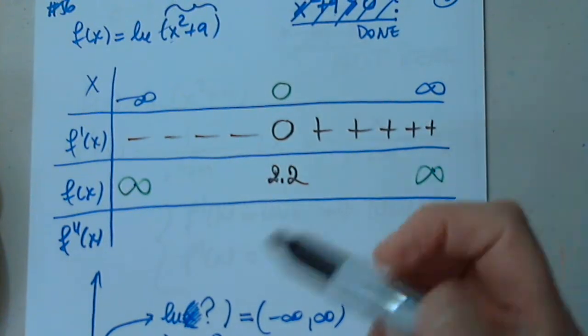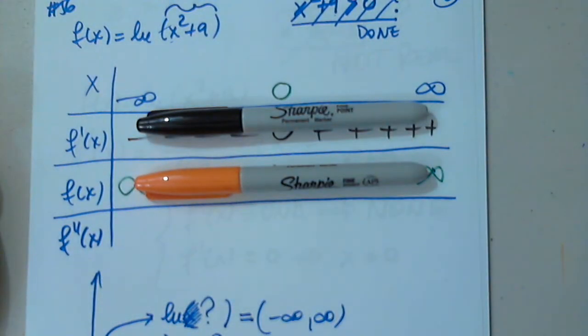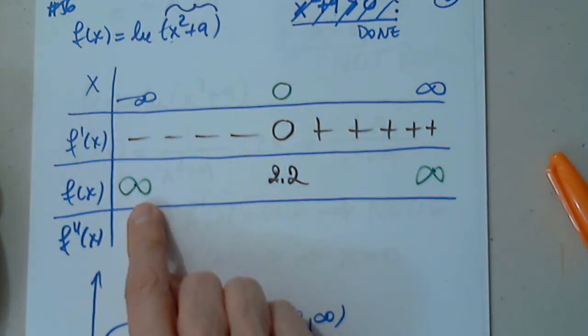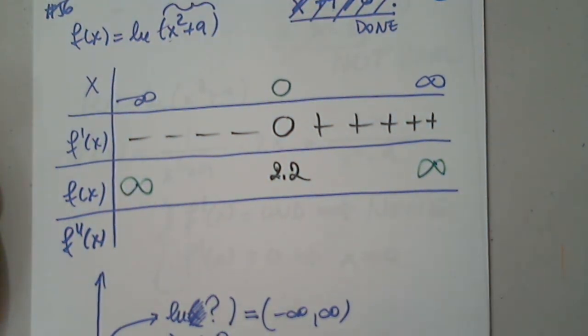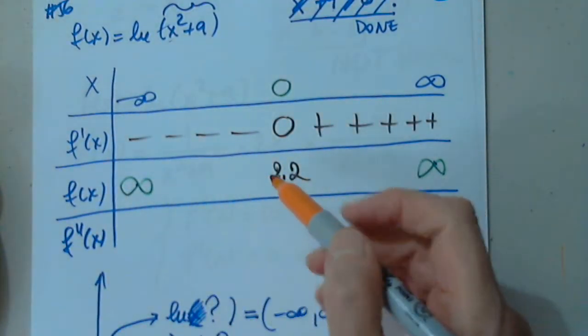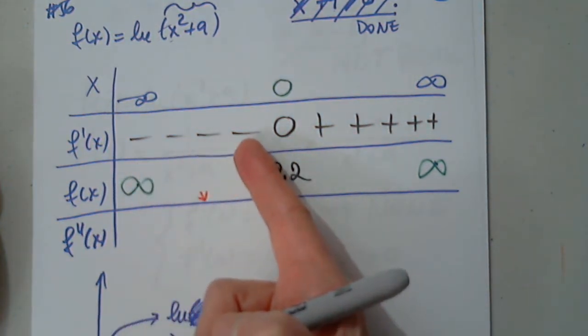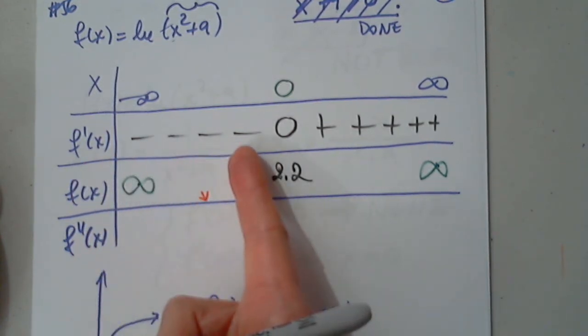Awesome. Now I'm having the moment of truth. I'm having a moment in which I check, right? So from positive infinity to 2.2, what does the function do? Decrease. Good. Is that supported by the sign of the first derivative? Is this what the function is supposed to be doing when the first derivative is negative?